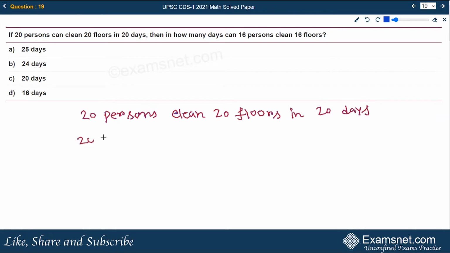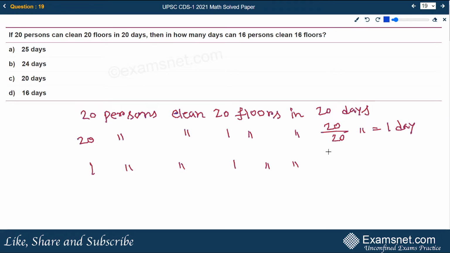So 20 persons clean one floor in how many days? Less time. So 20 by 20, that is one day.